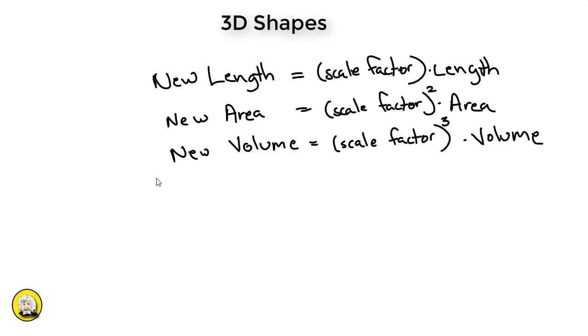Let's take a look at that, say, for a rectangular prism, and also a sphere, just to confirm that that's the case for different types of shapes. So my rectangular prism, I know my volume equals length times width times height, and my new volume, I'll call volume prime, equals, well, I've doubled my length, I doubled my width, and I doubled my height if I was scaling all the lengths.